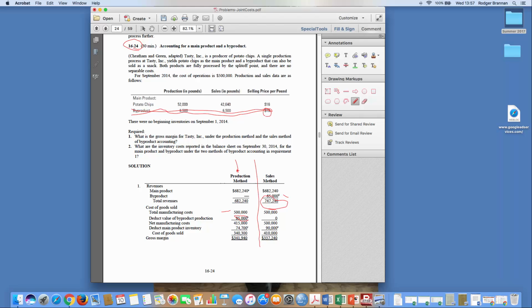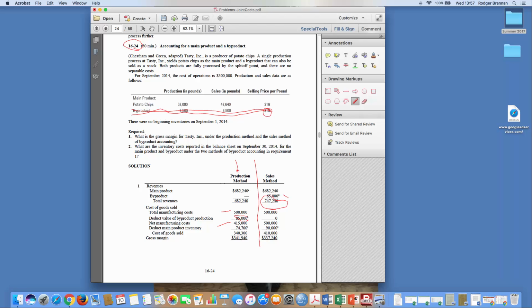If I sold all the byproduct, I would get $85,000. So my total net manufacturing costs that I'm going to allocate between cost of goods sold and ending inventory for my good product are going to be left at $450,000.